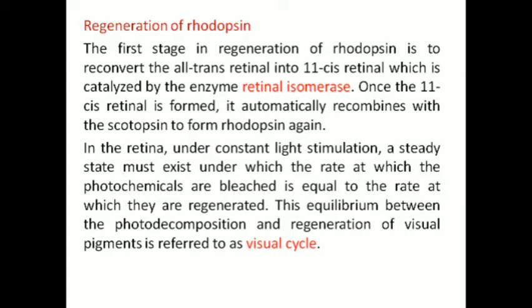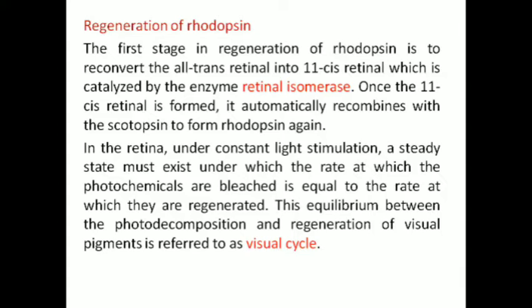Now let's see how this rhodopsin is regenerated. The first stage in regeneration of rhodopsin is to reconvert the all-trans retinal into 11-cis retinal, which is catalyzed by the enzyme retinal isomerase. Once the 11-cis retinal is formed, it automatically recombines with the scotopsin to form rhodopsin again.